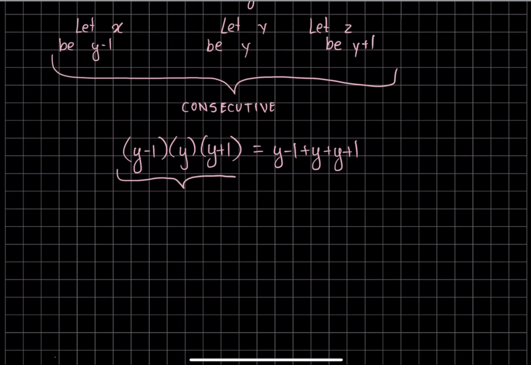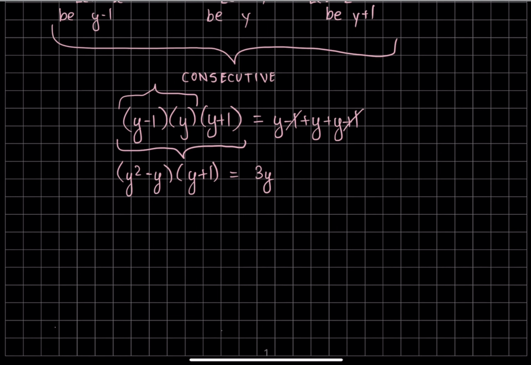If we use our foiling method, let's solve these two brackets first. y times y is y squared, and negative 1 times y is negative y. So the left-hand side would be y squared minus y times y plus 1. And on the right-hand side, if we cancel out the plus 1 and negative 1, then we have 3y because y plus y plus y is 3y.